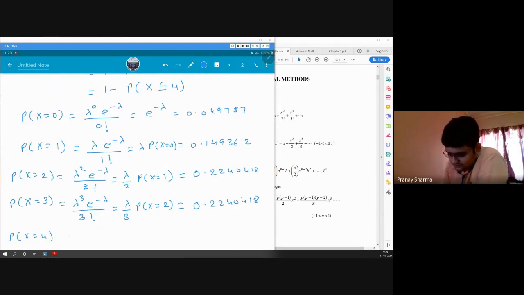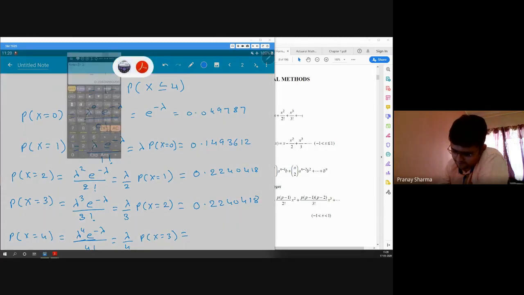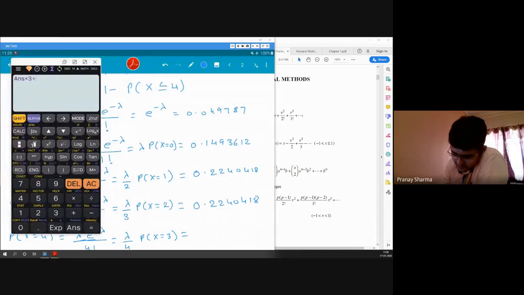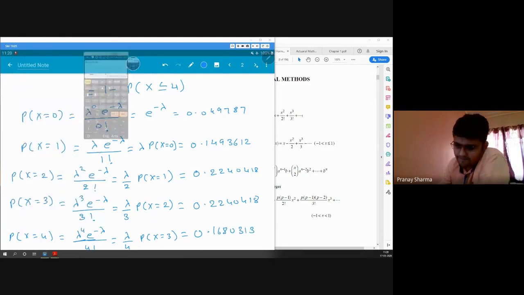X equals 4 would be lambda raised to 4 e raised to minus lambda divided by 4 factorial. That would be lambda by 4 into probability X equals 3, so multiply by 3 divided by 4. Right?